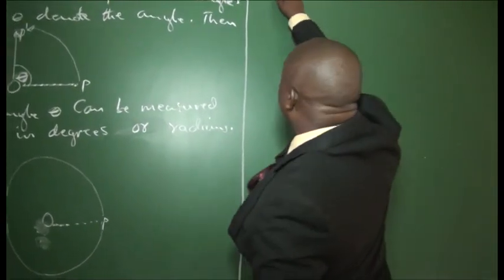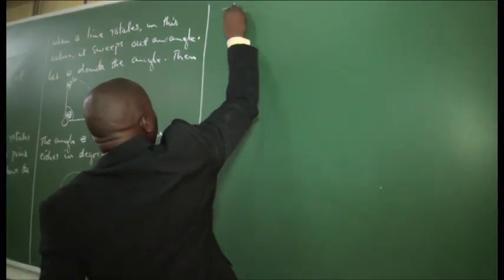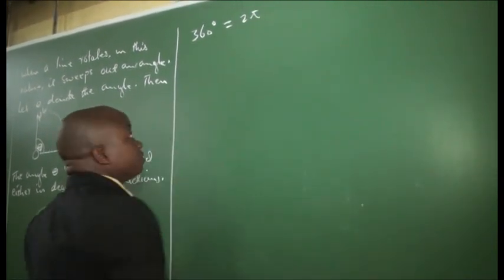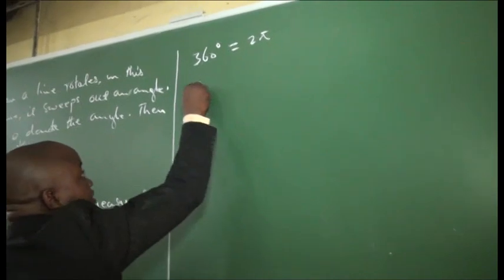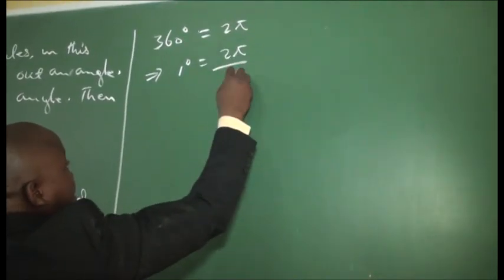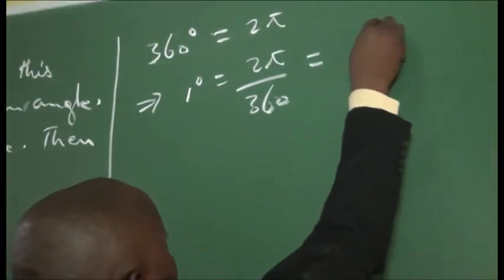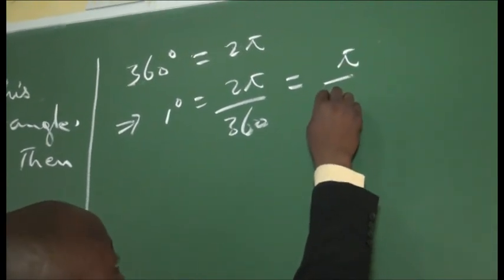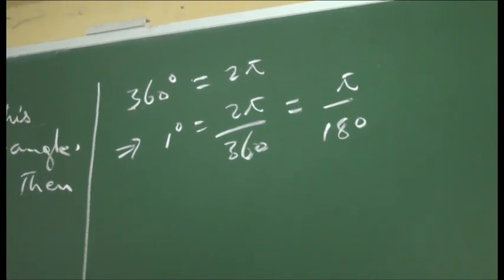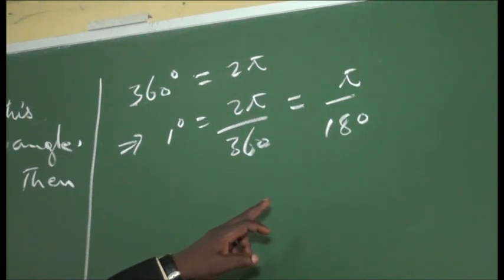For instance, since we say that 360 degrees equals 2 pi, it follows that 1 degree will be equal to 2 pi over 360, and that gives us pi over 180. Now notice that. So 1 degree is equivalent to pi over 180.